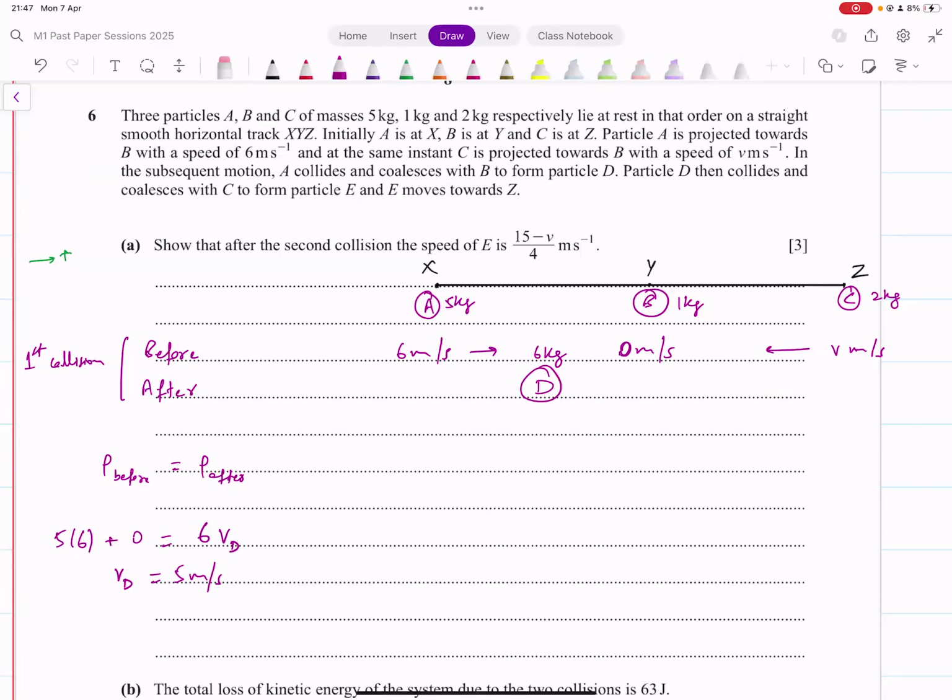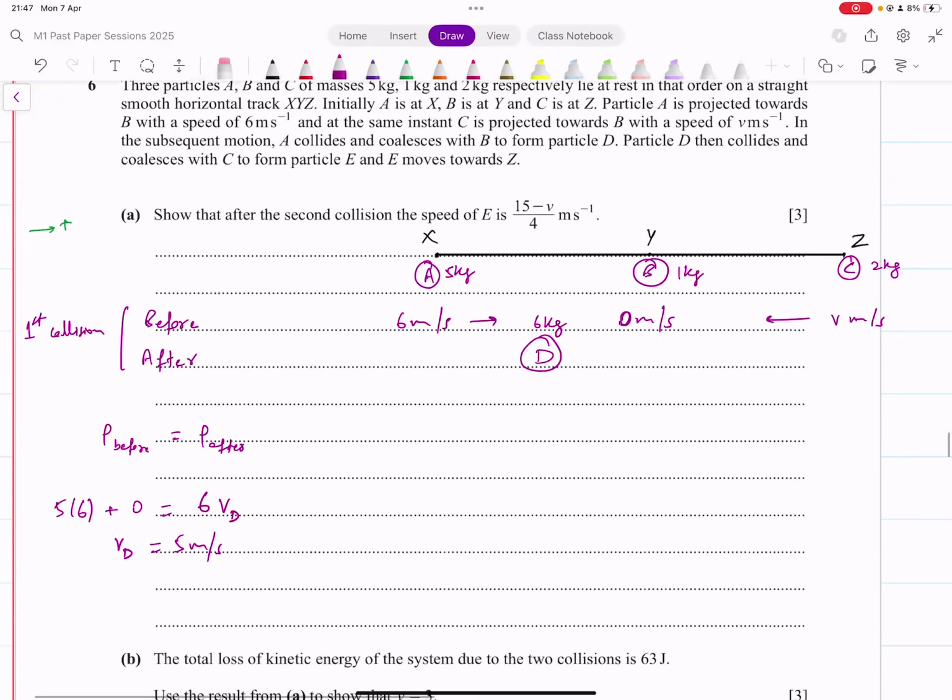So now we know there's a second collision happening. The before situation is that there is particle D moving to the right at a speed of 5 meters per second, and a particle C moving to the left at a speed of V meters per second.